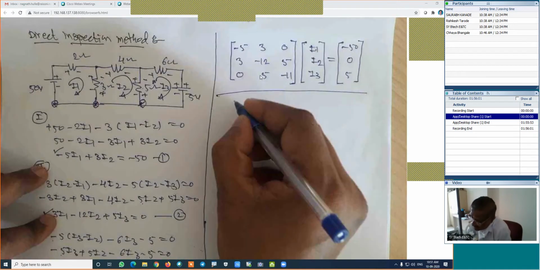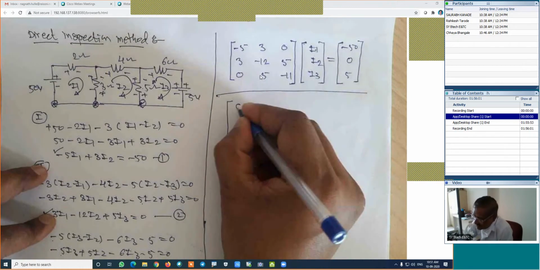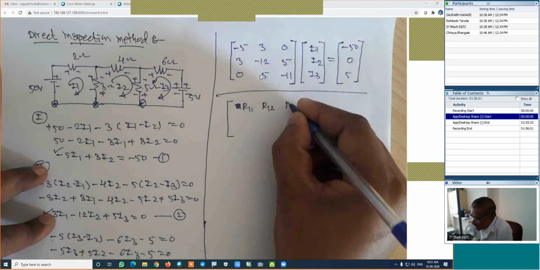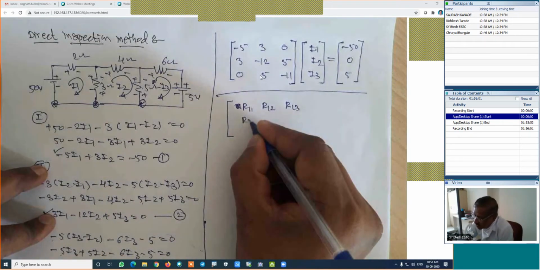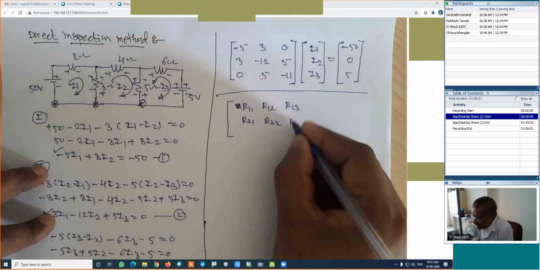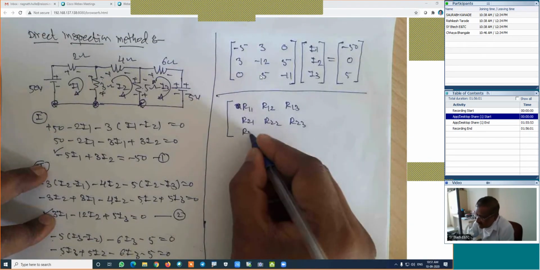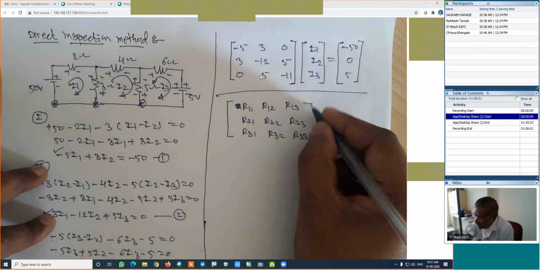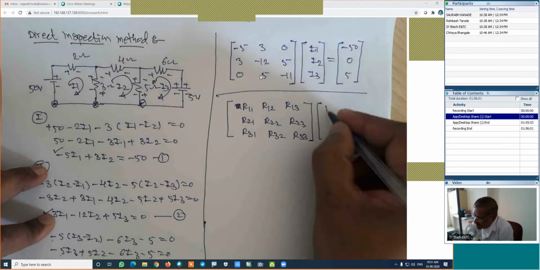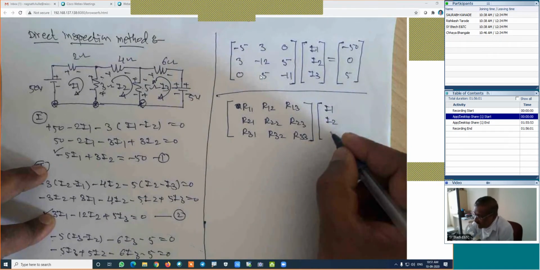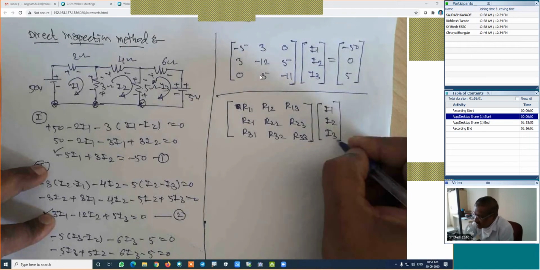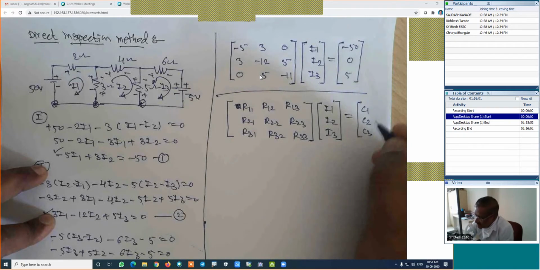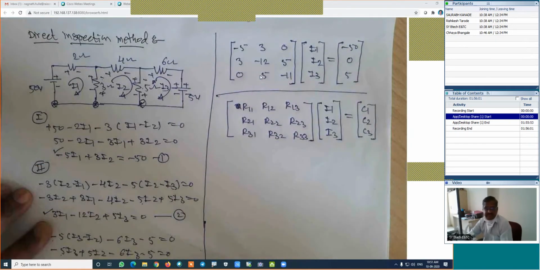The same matrix can be written as something like this. This is R11, here it is R12, R13. This is R21, this is R22, here it is R23. It is R31, it is R32. Finally, it is R33, which is equal to, here the currents are I1, I2, and I3, which is equal to the constants, and the constants are C1, C2, and C3.